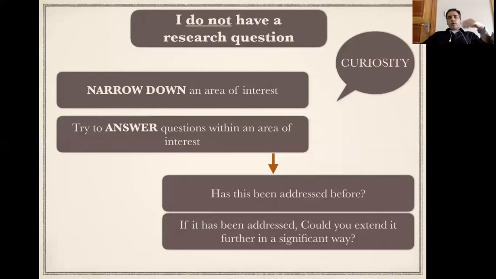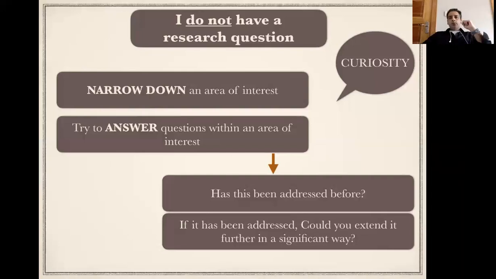If you come up with a question and you see that this question has already been answered, there are two approaches you can take. One, you leave that and take another route, go somewhere else, try to explore another area.